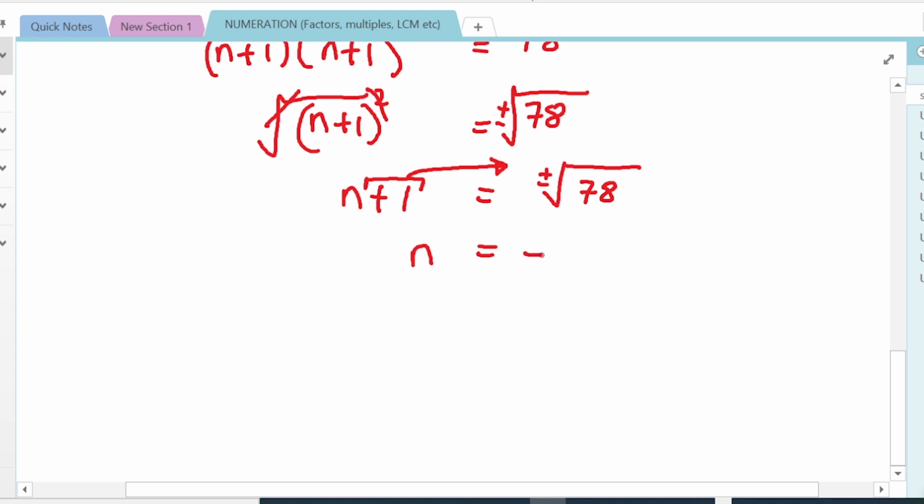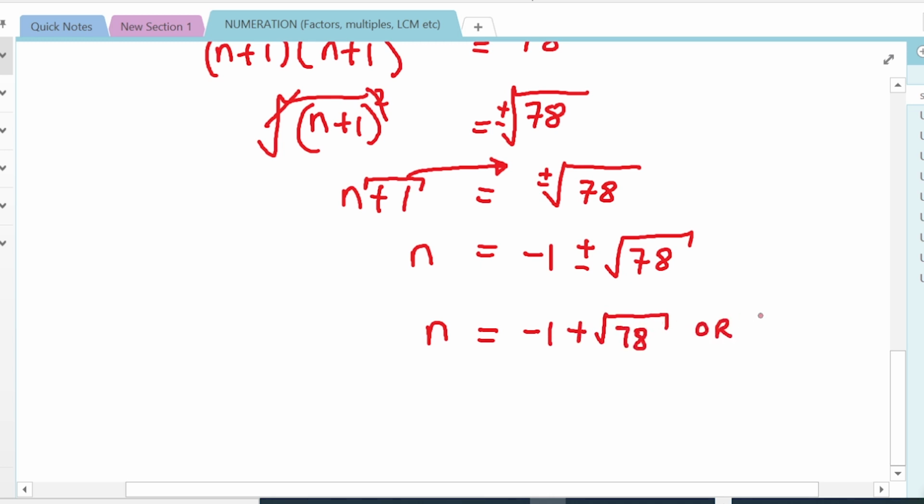So n is going to become negative 1 plus or minus the root of 78. So n is either negative 1 plus the square root of 78, or negative 1 minus the square root of 78.